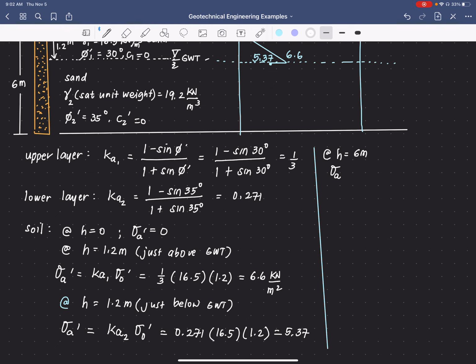our active pressure there would be our K sub A2 multiplied again by sigma O prime at the depth of 6 meters.